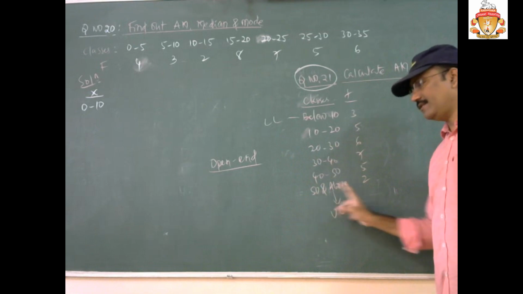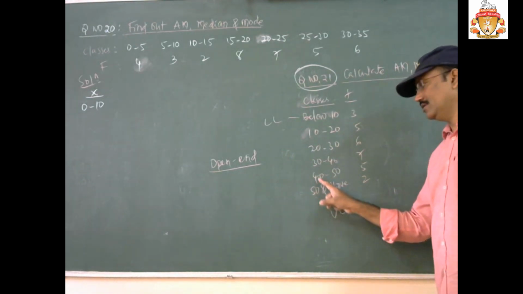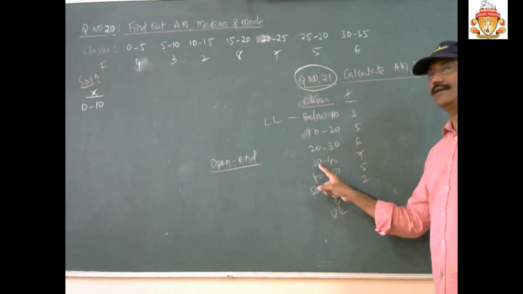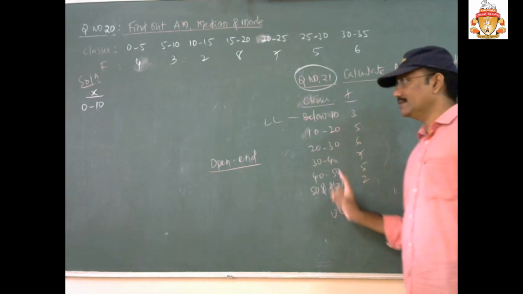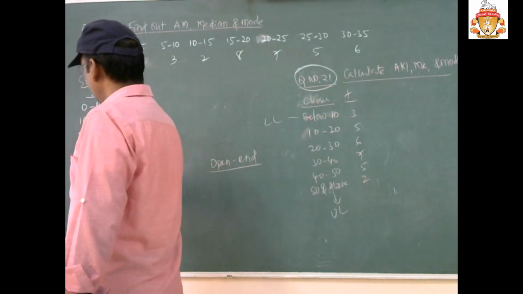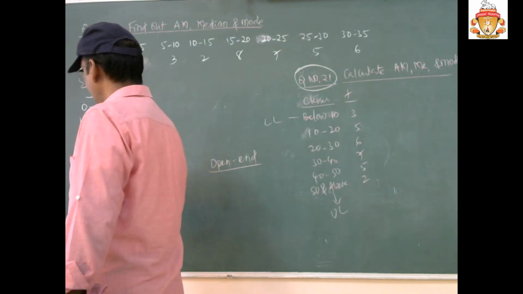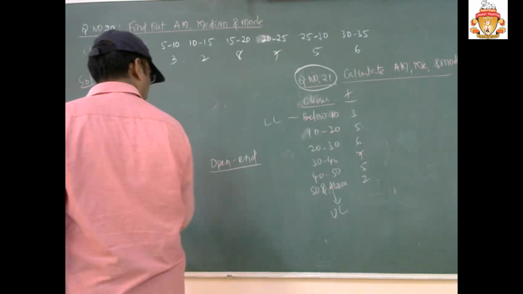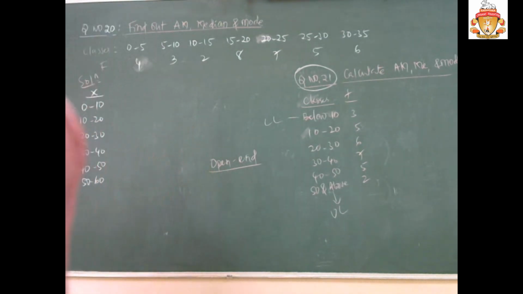Then here 50 and above means what? Add 10 to this number. So 40 plus 10, 50 comes like that. Example 30 plus 10 add, 40 comes. 50 plus 10, 60. 60 is the last class. Like that you have to change the values, and your last class is 50 to 60.